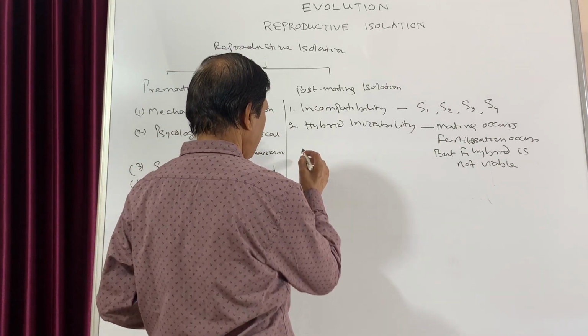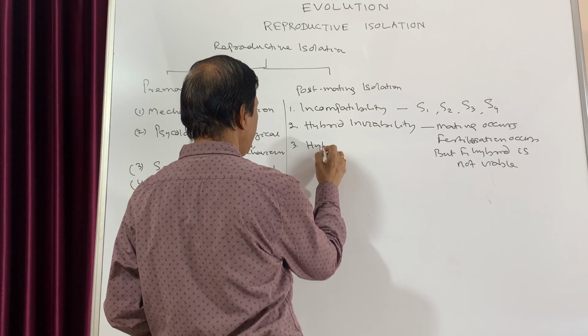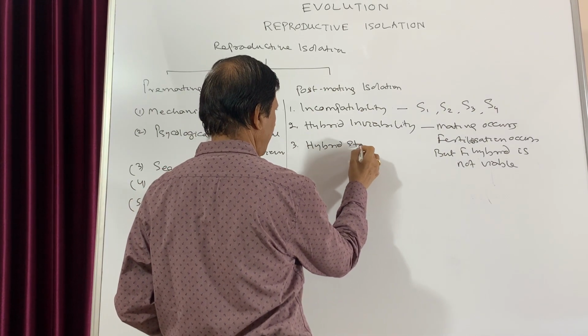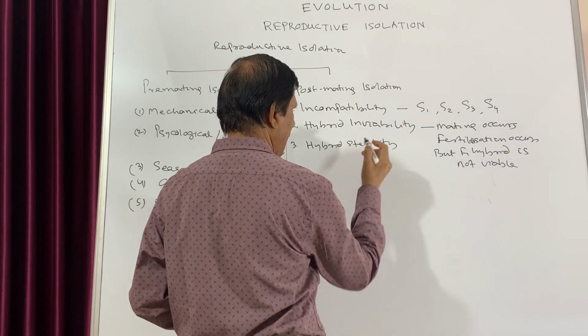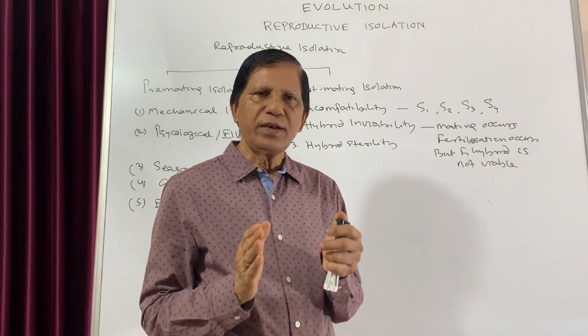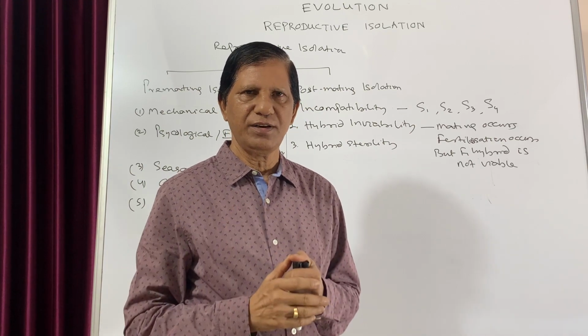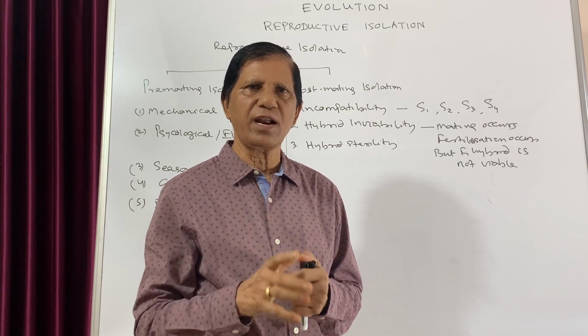Now come to the third point, hybrid sterility. Sometimes when hybrids are made between two distant species, the F1 hybrid becomes sterile.